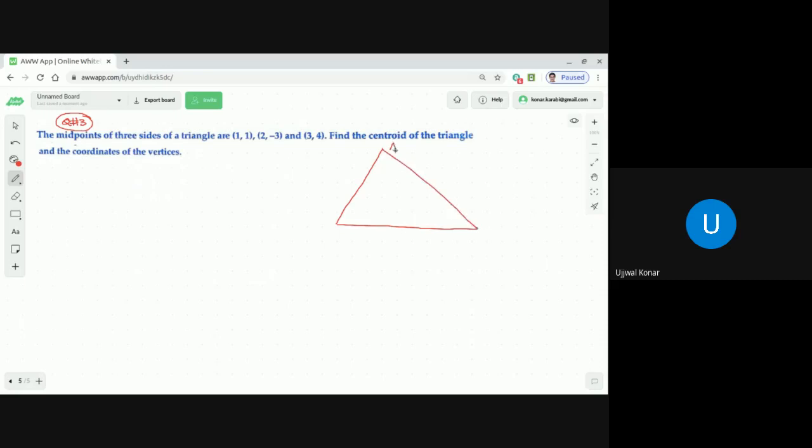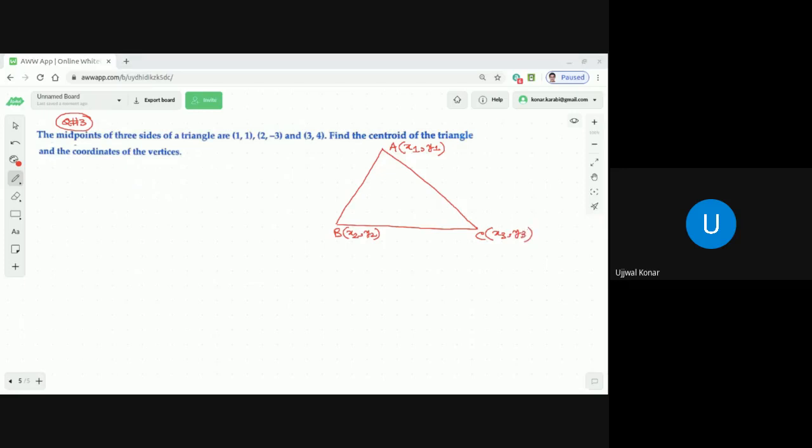So this is the triangle ABC, and let us assume the coordinate of the point A be (x1, y1), the coordinate of the point B be (x2, y2), and the coordinate of the point C be (x3, y3).